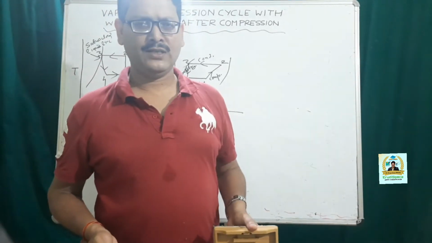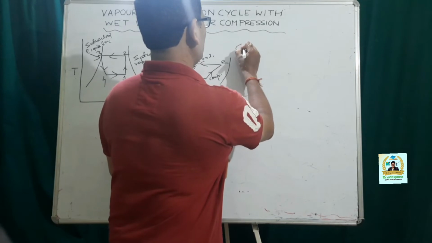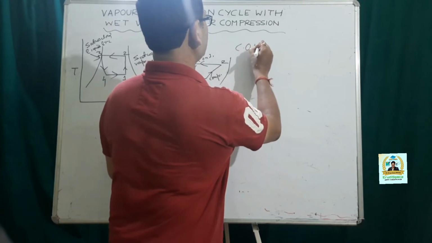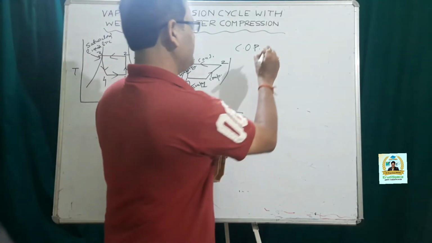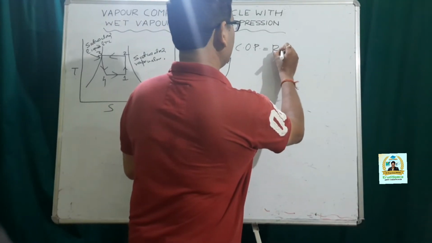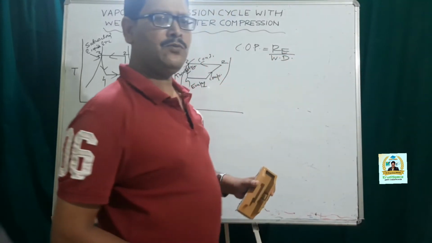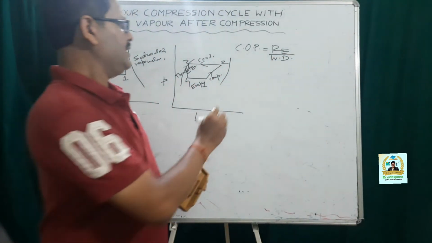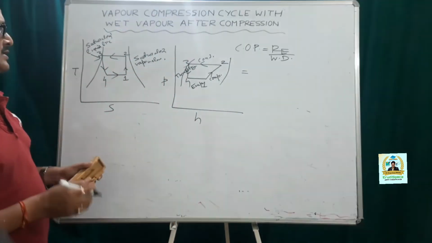And as far as the coefficient of performance is concerned, all of us know that the coefficient of performance, or COP, is the ratio of the refrigerating effect divided by the work done. And we will represent the refrigerating effect in terms of enthalpy differences.